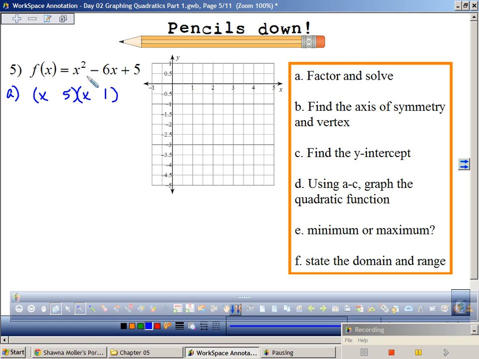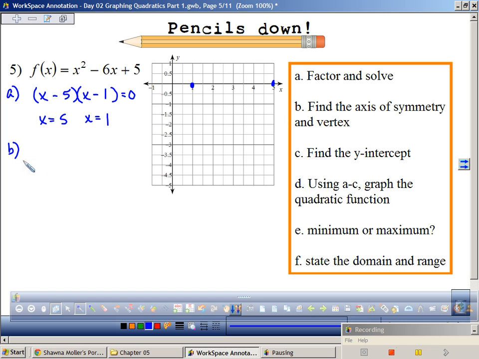So how would I make 5x and 1x make negative 6x? They're both negative. All right, let's solve for that. That means x equals 5 and x equals 1. So here's where x equals 5 and here's where x equals 1.